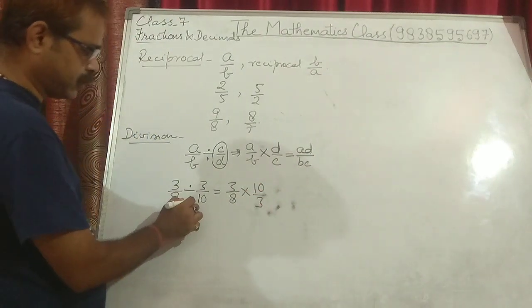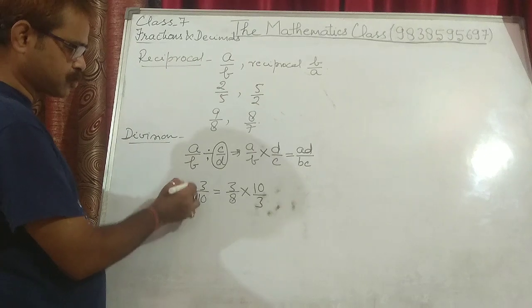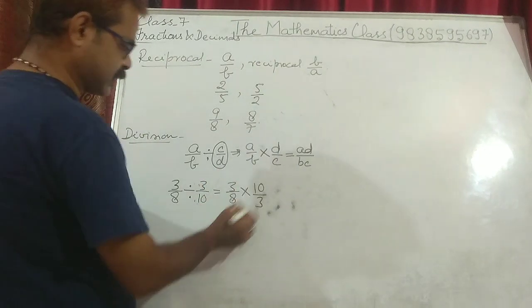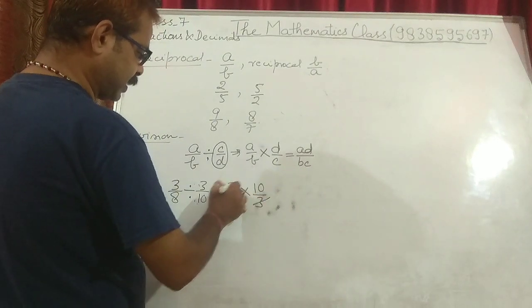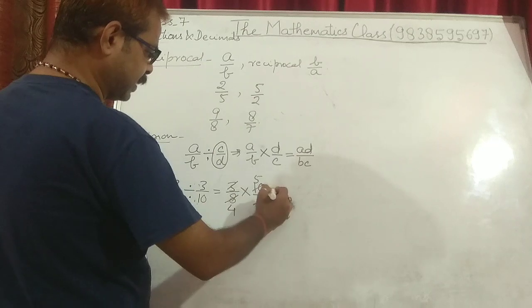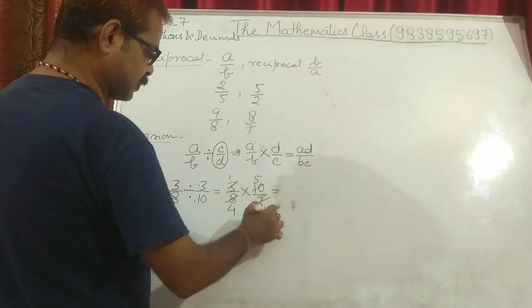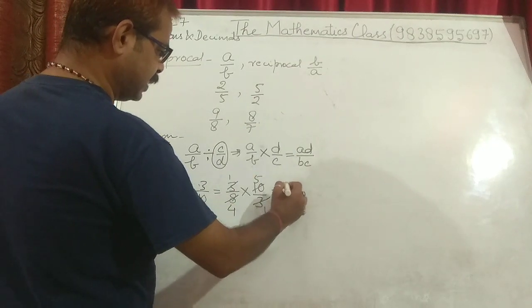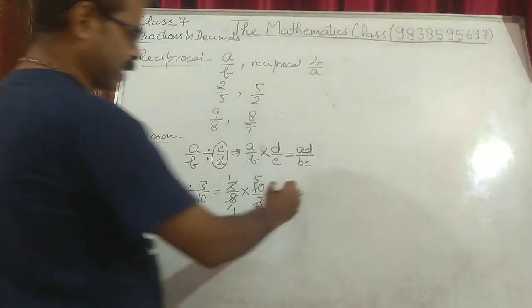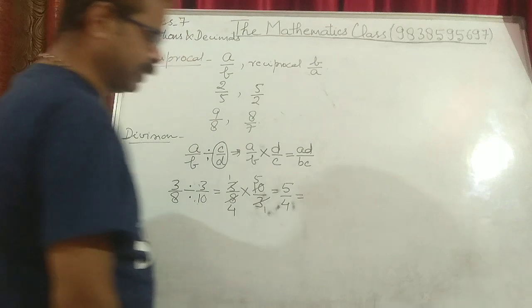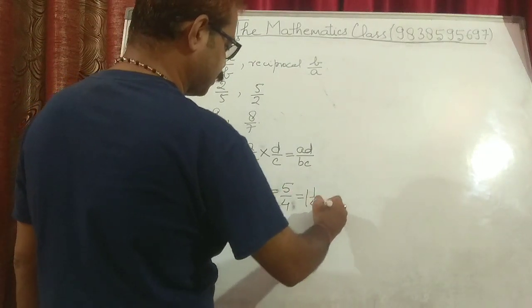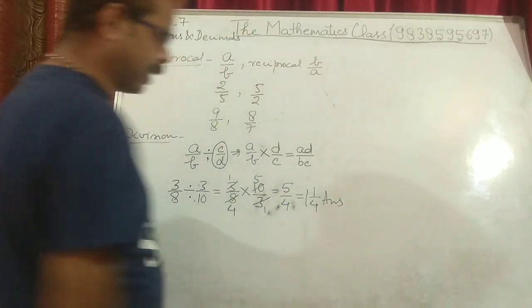Since this was 3 upon 10, the denominator goes to numerator and numerator comes to the denominator. So it is 10 upon 3. Now 3 and 3 will cancel. 2 4s are 8, 2 5s are 10, so 5. 3 1s are 3 and 3 1s are 3. 5 1s are 5, 4 1s are 4. This is an improper fraction. If you want to write it as a mixed fraction, 4 1s are 4, 1 whole 1 upon 4 is the final value.